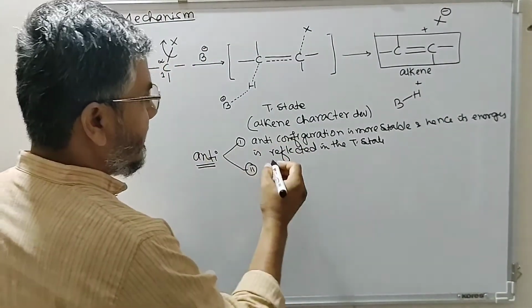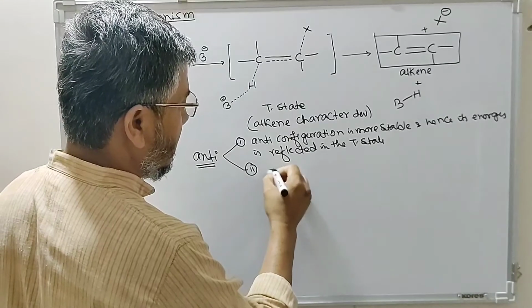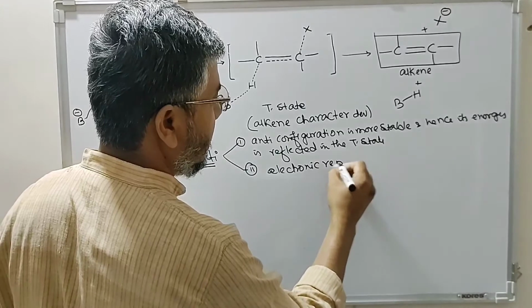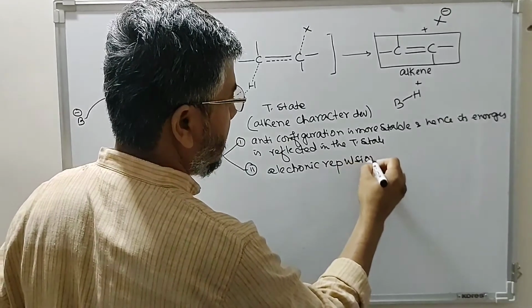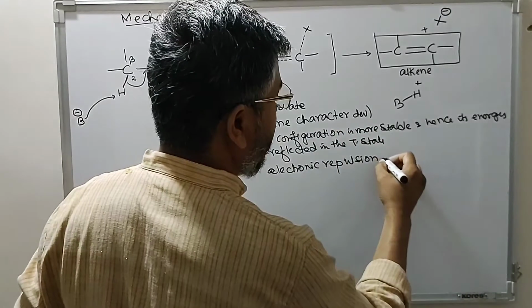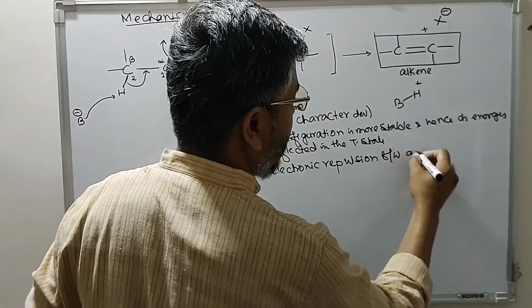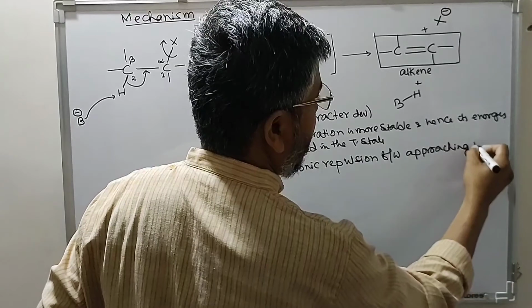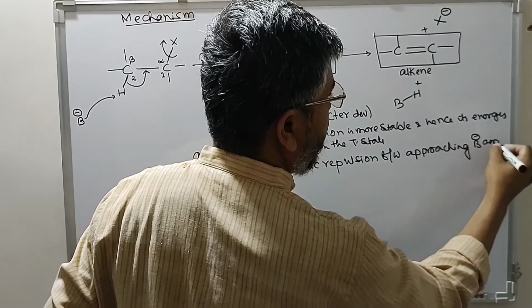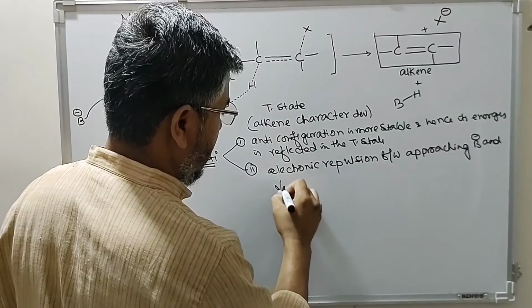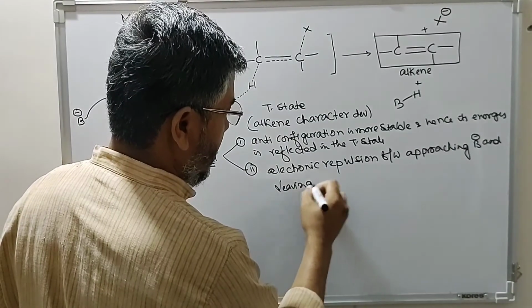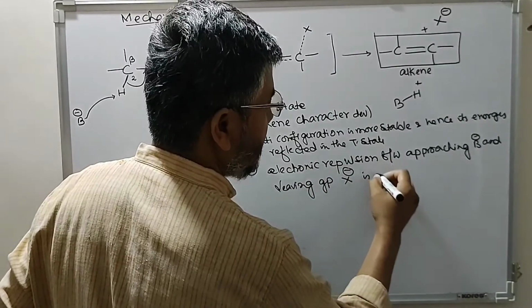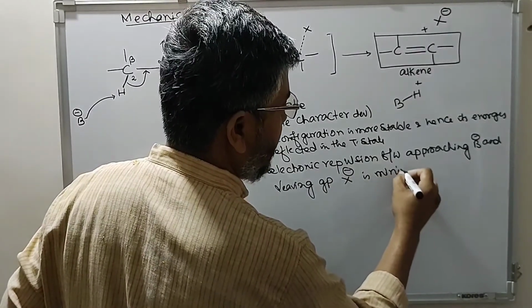So if they are anti, then electronic repulsion between the approaching B minus and the leaving group X minus is minimized.